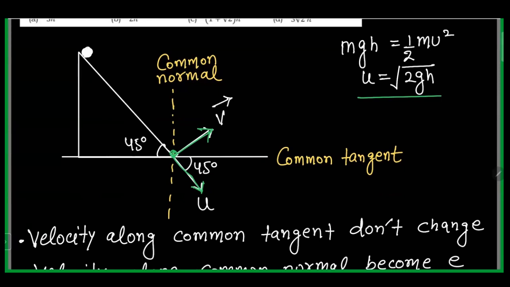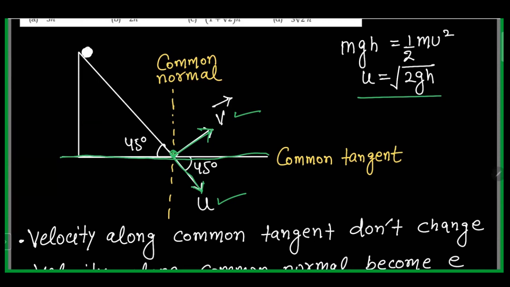Now I want to give you one more very important concept, the concept of common tangent and common normal. So what is common tangent and what is common normal? We have two vectors, u vector and v vector. What is the common tangent in them? This is a tangent which is common to them.